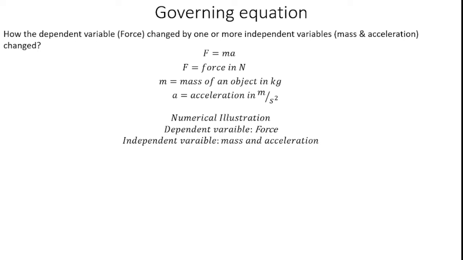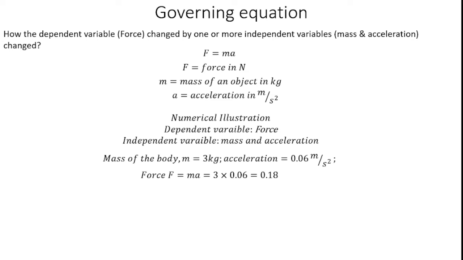In the numerical illustration, the dependent variable in that equation is force and the independent variables are mass and acceleration. So the mass of the body m is equal to 3 kg, and acceleration is equal to 0.06 meter per second square, which I initially considered. After that, force F is equal to ma is the formula, so 3 into 0.06, from this I can get 0.18 Newton.